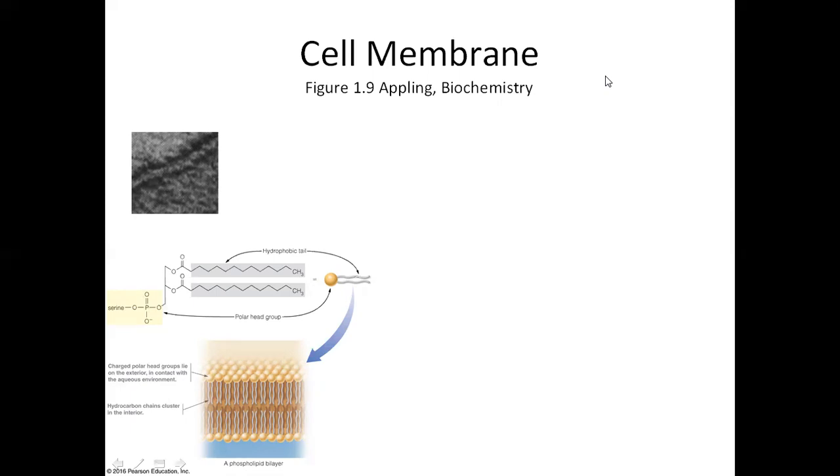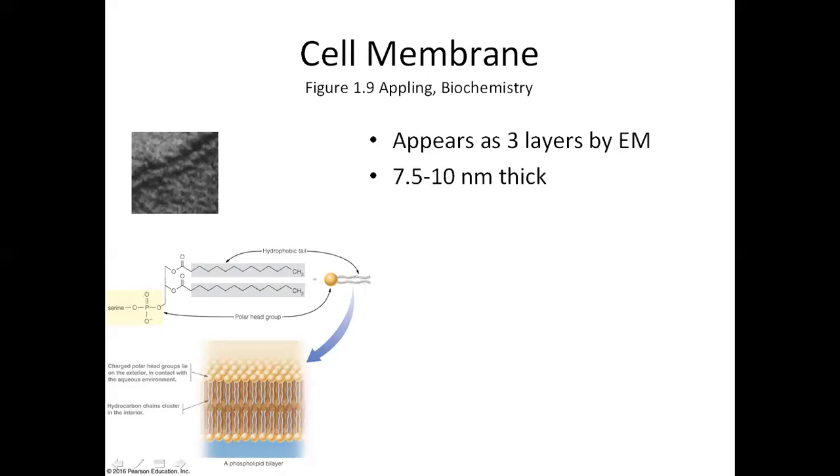Another thing to note about the cell membrane is that its thickness varies with time. I'm giving here a range of 7.5 to 10 nanometers thick, which is on the heavy side.